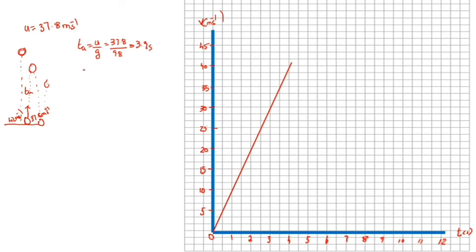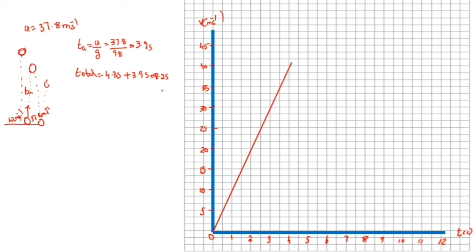Okay, so the ball is now ascending for 3.9 seconds. So what is the total time now? The total time is equal to, first of all, 4.3 seconds. Now it's again going up for 3.9 seconds, which will come to 8.2 seconds.